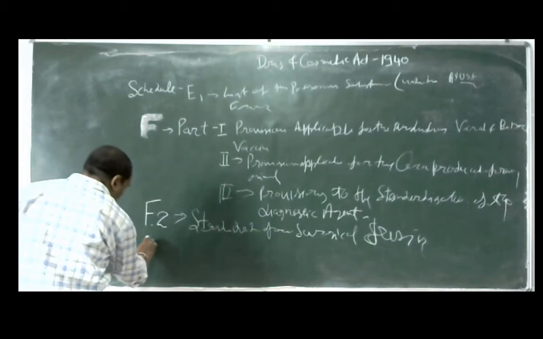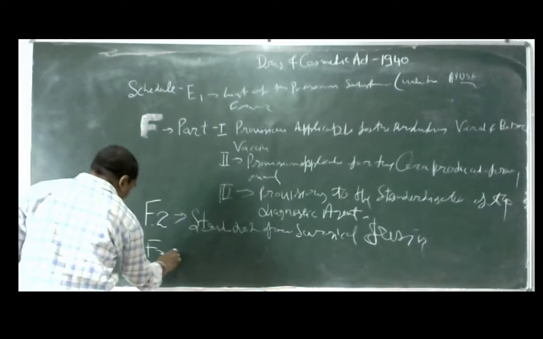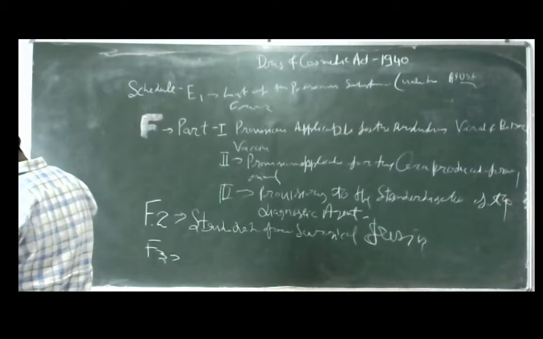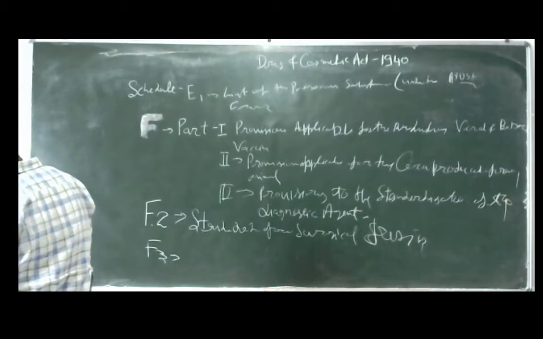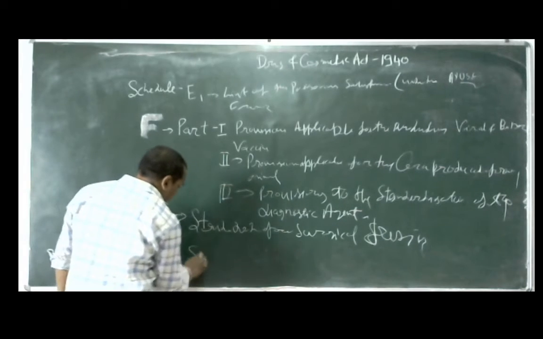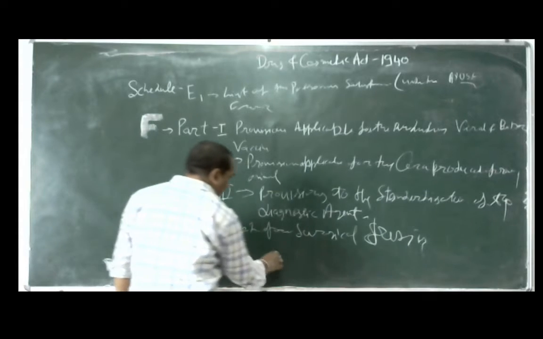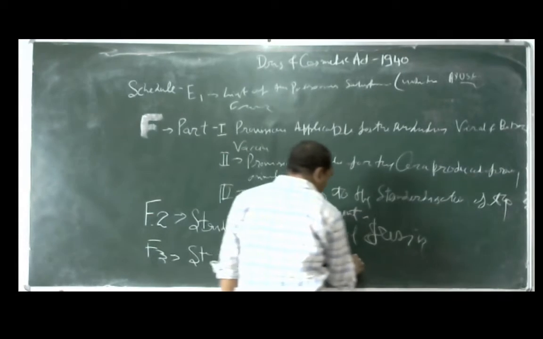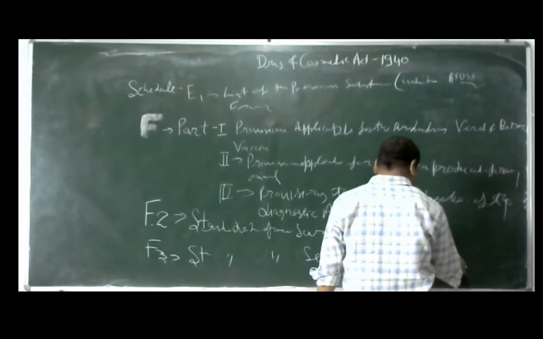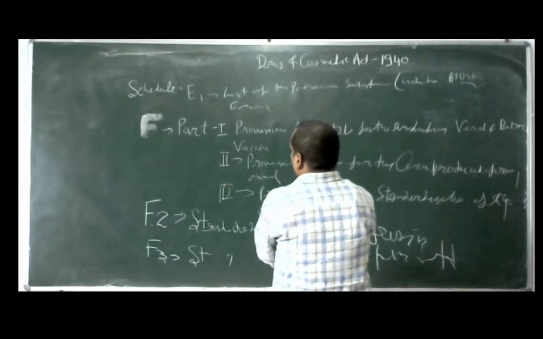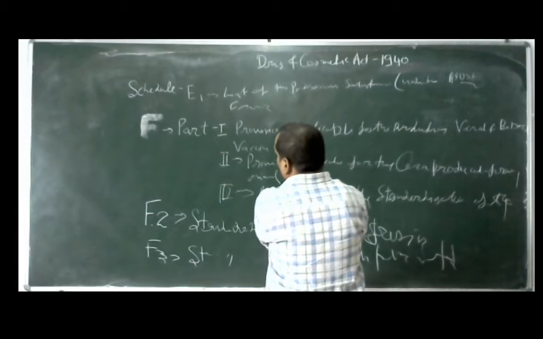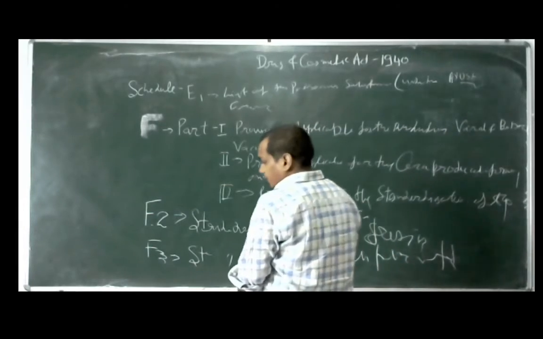F3: standards for sterilized umbilical tapes. So here are Schedule E1, F Parts 1, 2 and 3, F2 and F3.